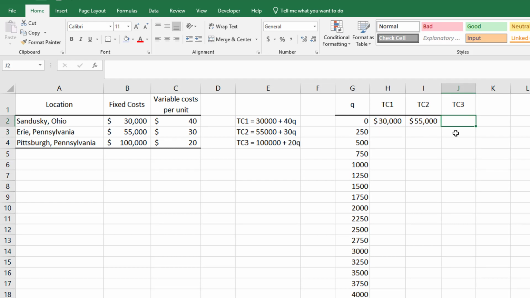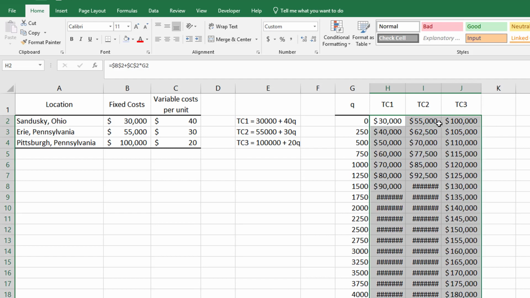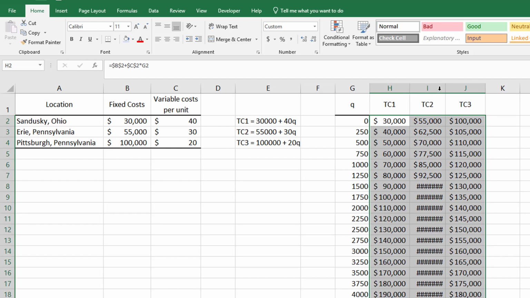And finally, for Pittsburgh, Pennsylvania, I have a fixed cost of 100,000 plus a variable cost of $20 per unit times the number of units. So 100,000 is what I would have expected when I have zero output. Let me just copy this down and make some room so we can see the numbers.